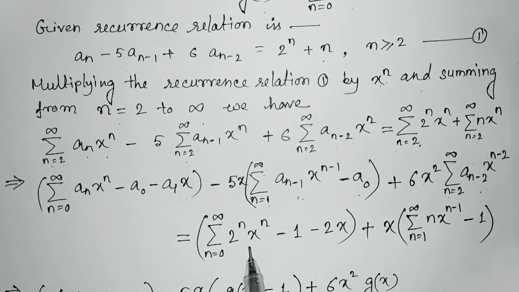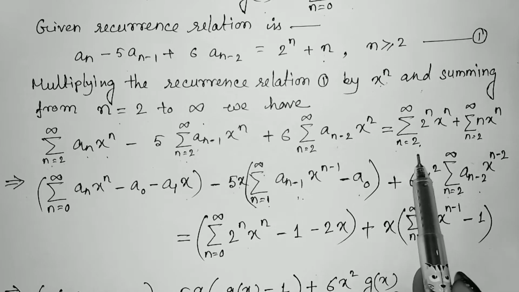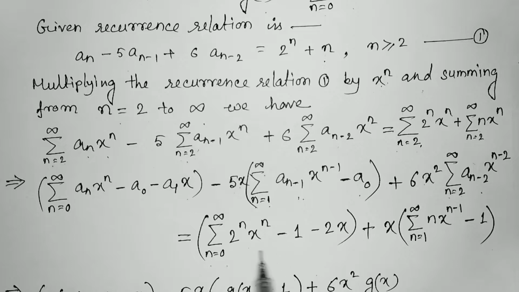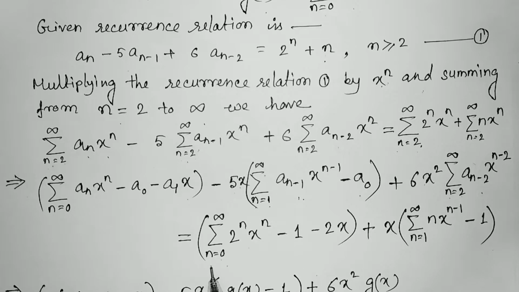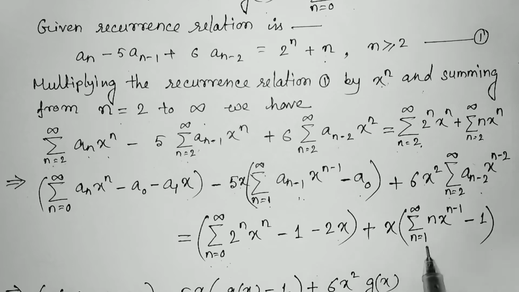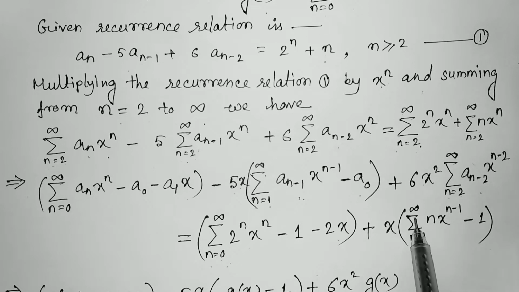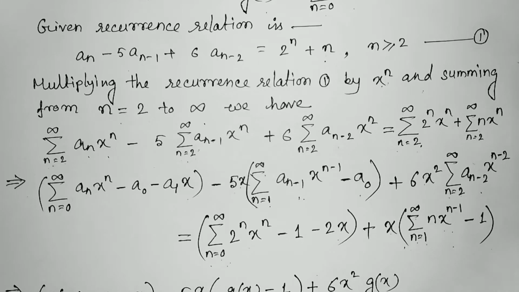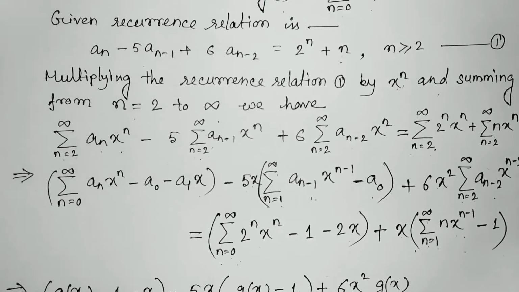Now that one is equal to, here again this one is from 2 to infinity, so we should make it from 0 to infinity, and for that reason we write two terms extra, one for n equals 0 and another for n equals 1, so that we subtract accordingly. And from this term we should write it from n equals 1 to infinity, and accordingly one x should be taken out.